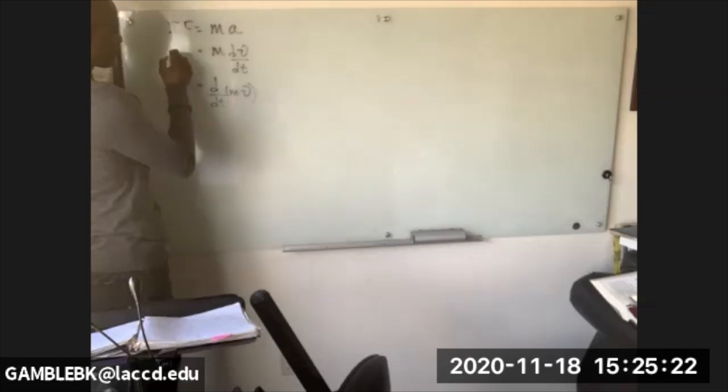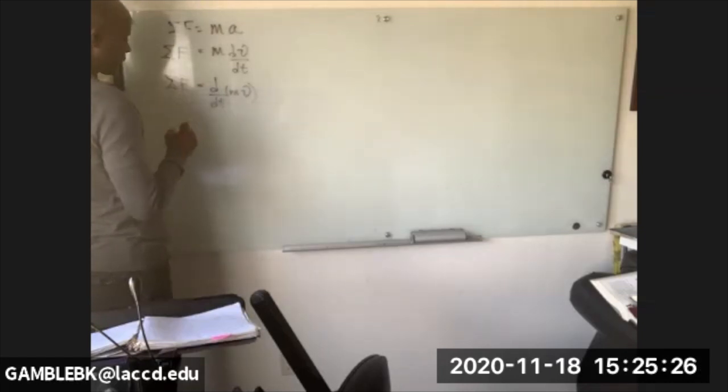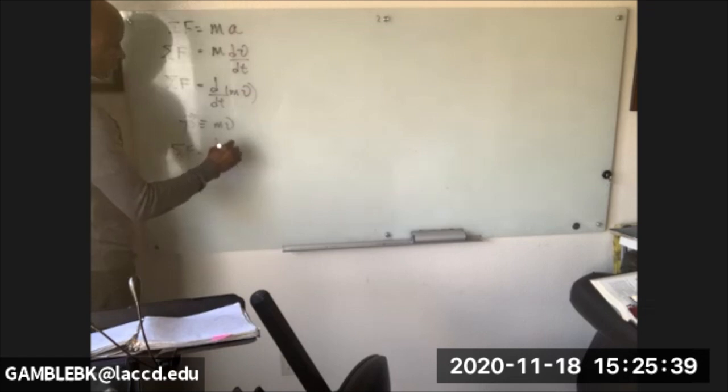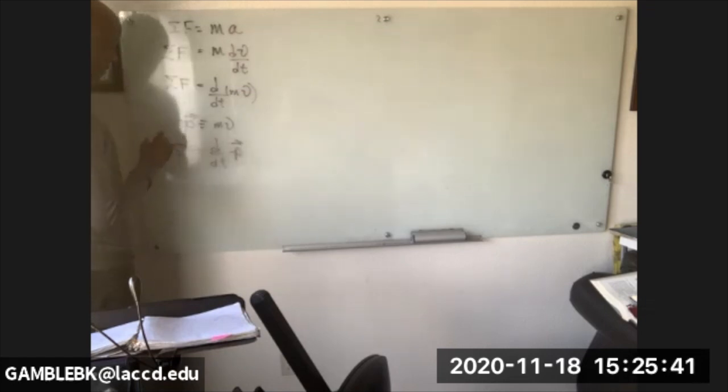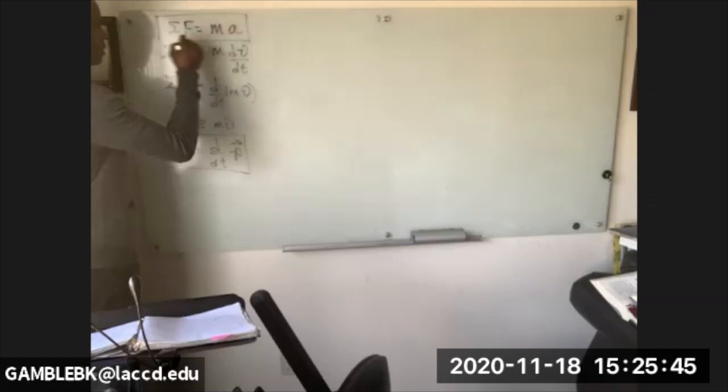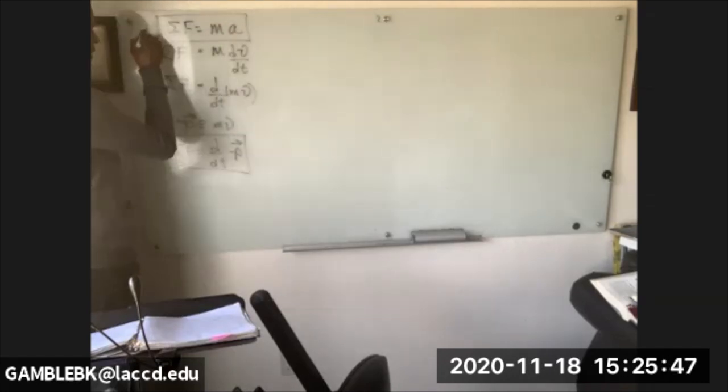And that is a thing. That's a physical quantity called linear momentum. We use the symbol small p. It is defined as mass times velocity. So if you substitute it in, you can also say that the net force is equal to the time rate of change of the linear momentum of a system. So these two equations are physically synonymous to one another.